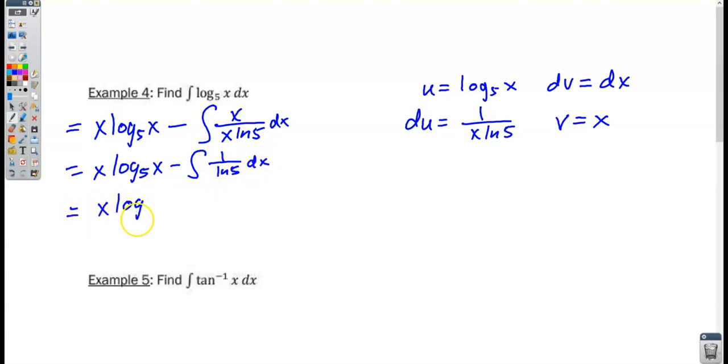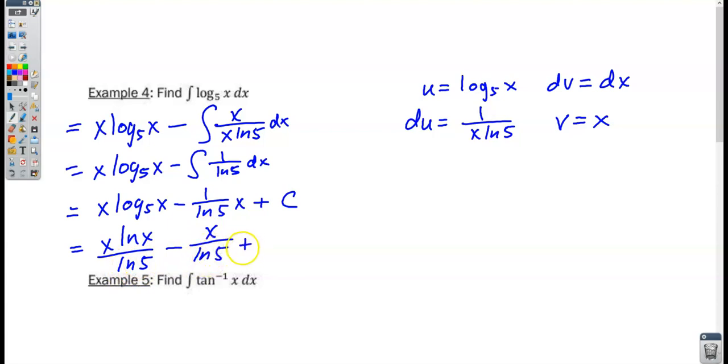So when I take the integral of this, it just ends up being 1 over the natural log of 5 times x plus c. I actually can split this up using the change of base theorem into this, and I could simplify this out to a single term like so.